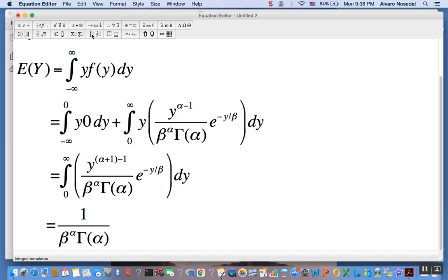Then I need an integral from 0 to infinity.